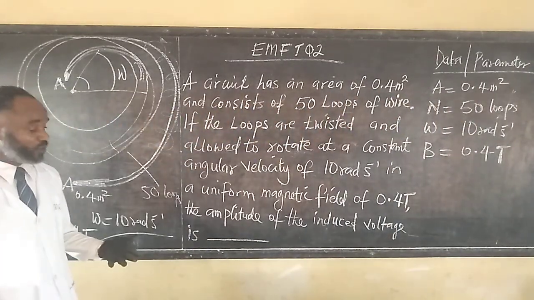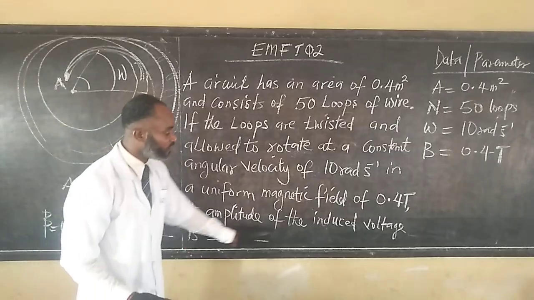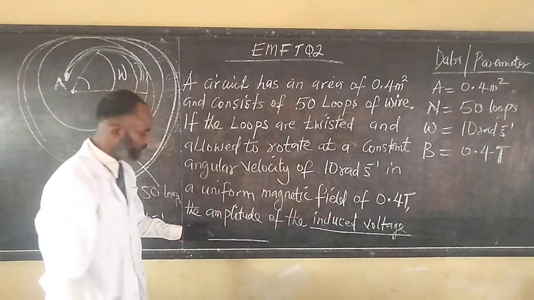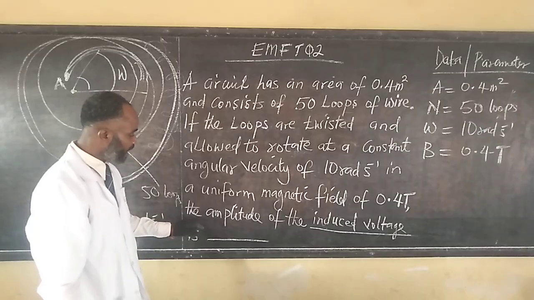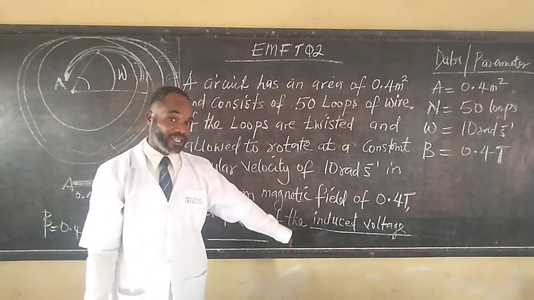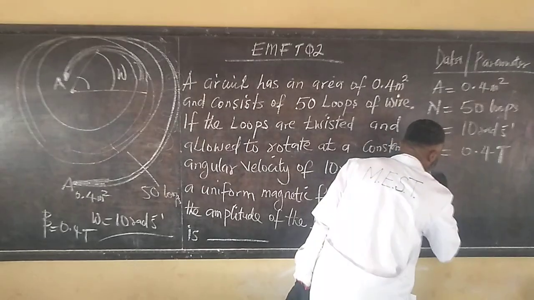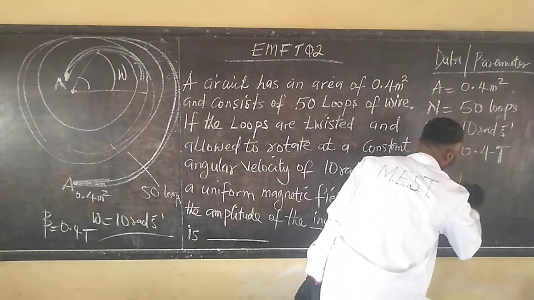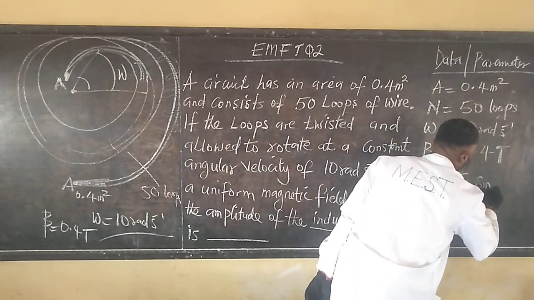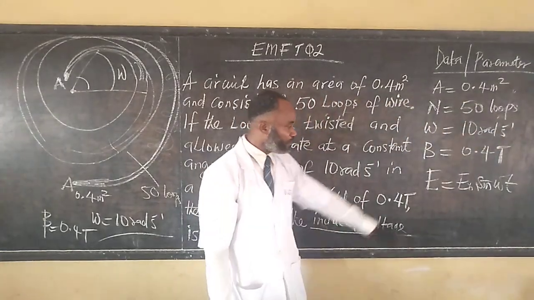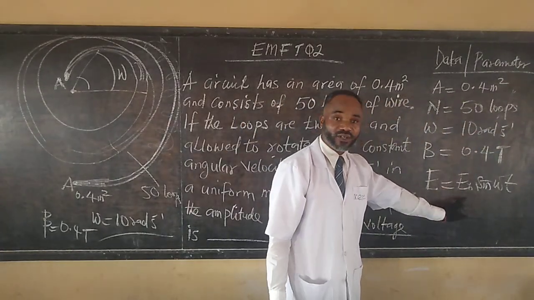What are we looking for? We are looking for the amplitude of the induced voltage. Very technical. We need to state something that represents that, and that is E is equal to E naught sine omega t. The amplitude of the induced voltage is E naught.